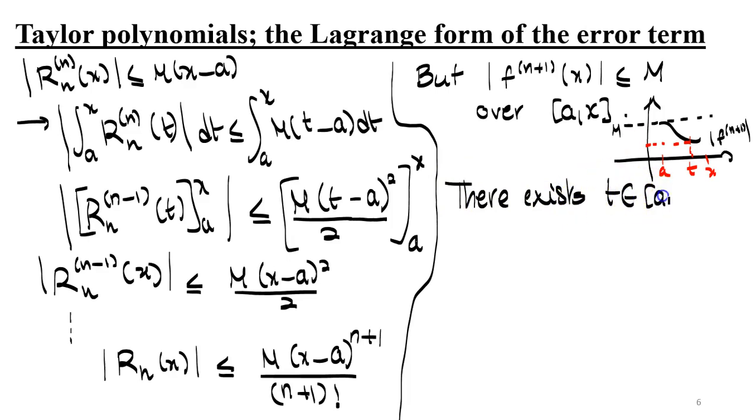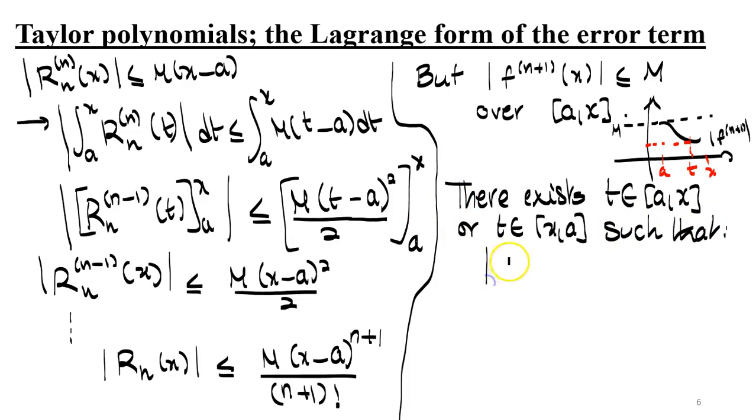So then we can say that there exists t in ax, or we can say in xa, depending on whether x is greater than a or smaller than a, such that the derivative of order n plus 1 at t is minimum. In this case, the error, in fact, would be minimum.